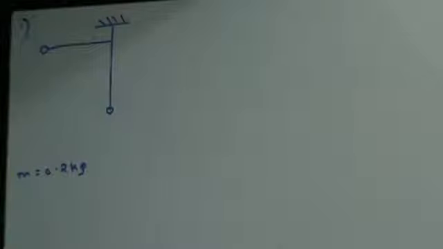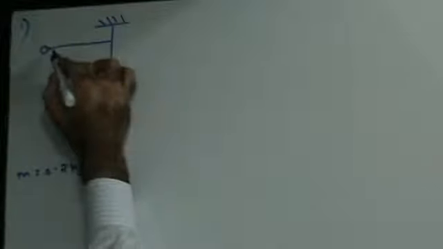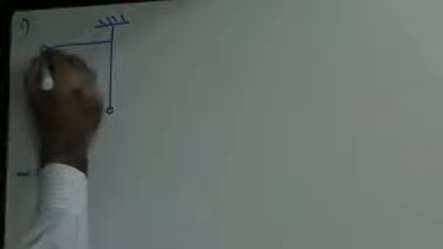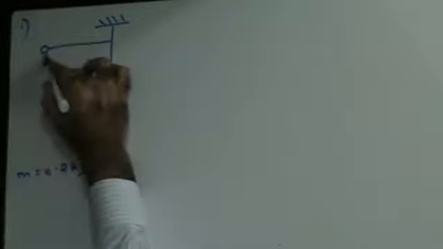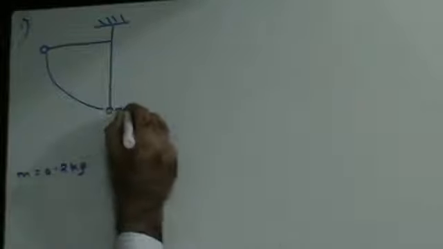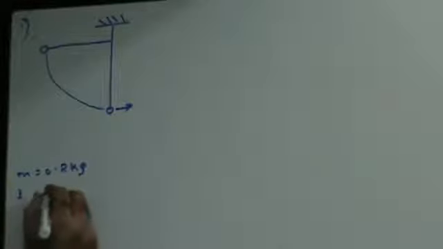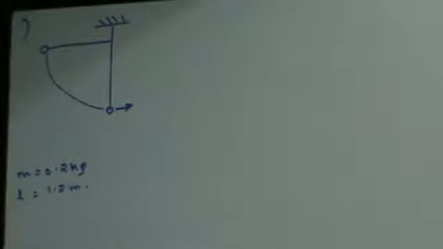Calculate the velocity of the bob and the tension in the string when it reaches the lowest point, if the length of the pendulum is 1.2 meter.